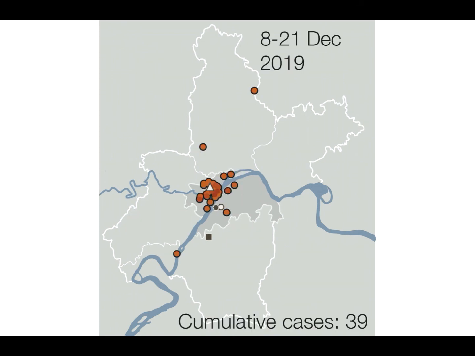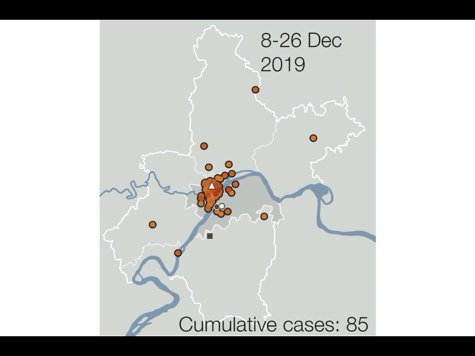So between early to late December, the virus was being noted in many other locales. So this indicates a focal area in the center, and then moving out from there. Then moving out till close to the end of December, there become more and more cases, essentially doubling every week or so.